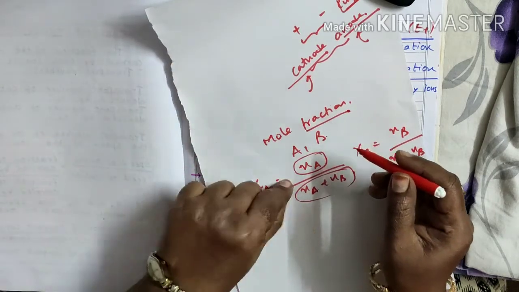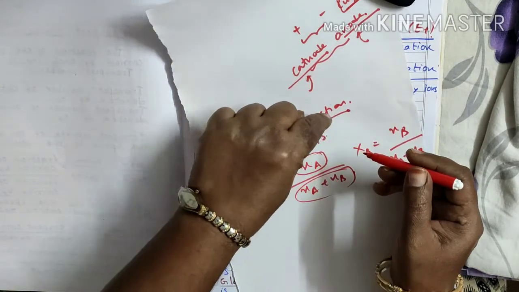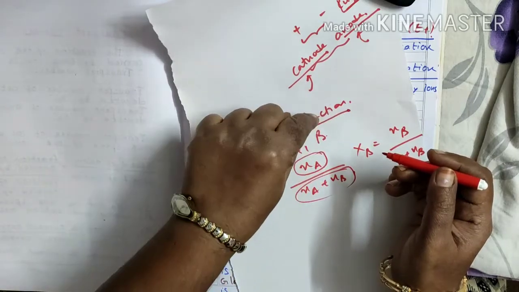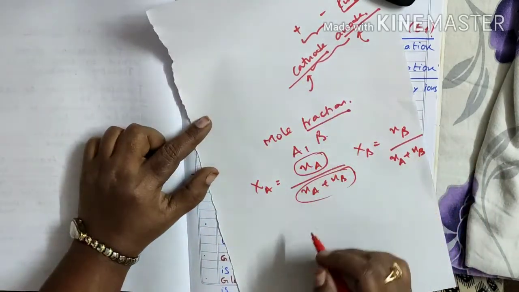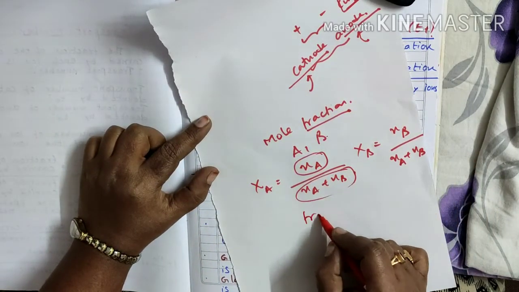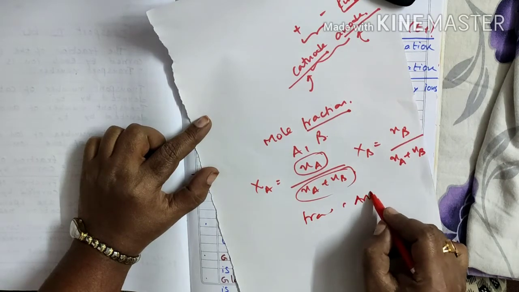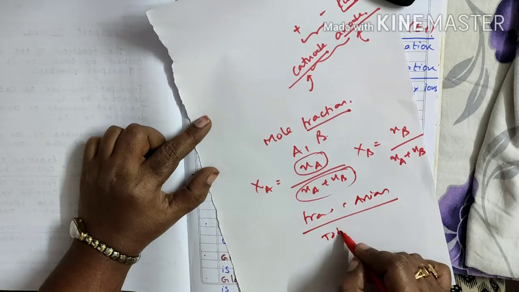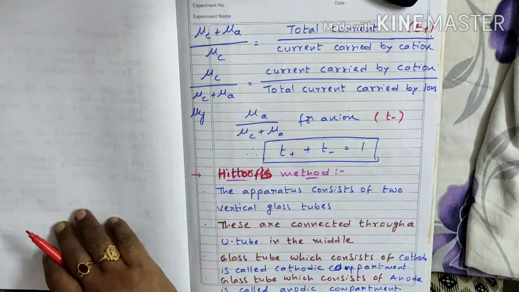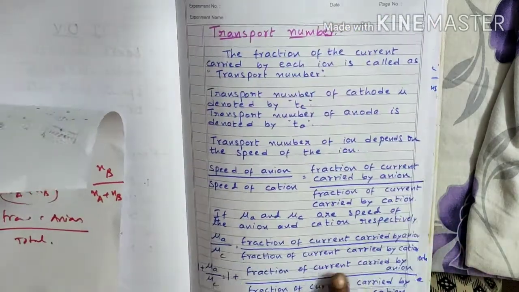Here it is current: the fraction of current carried by the cation or by the anion over the total current. So for that result, we added 1 plus.